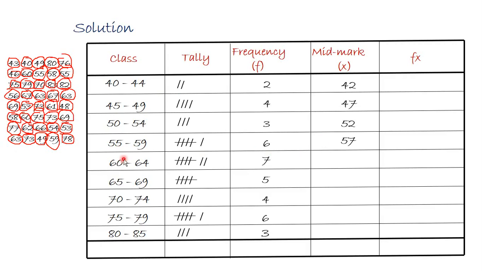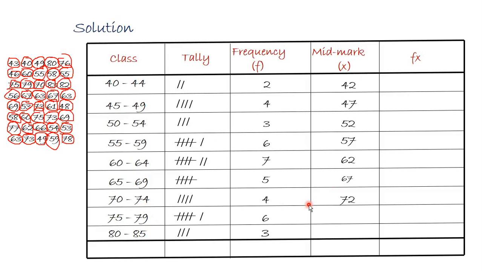Then we have 60 plus 64 divided by 2, 62. The next is 65 plus 69 divided by 2 will give us 67. The next is 70 plus 74 divided by 2, that is 72.